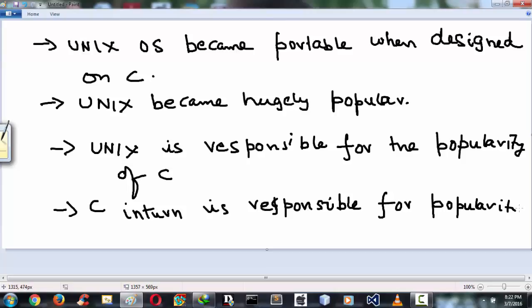So both the C language and the Unix operating system have helped each other in gaining popularity.